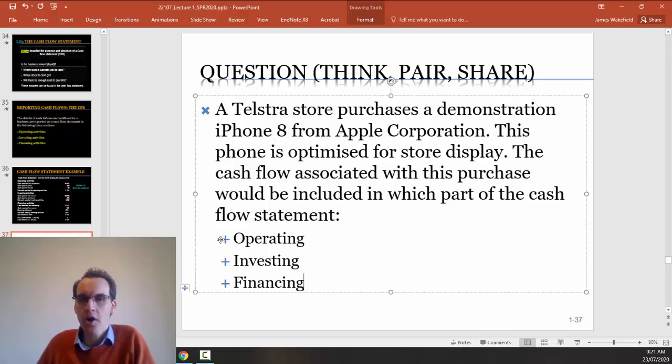All right, it's not operating because it's not a normal piece of inventory they acquire and they simply resell unchanged to the customer. It's not financing because it has nothing to do with borrowing money or raising funds as part of the business's activities. It is investing in an asset to generate profit. So investing is the best answer in this case.